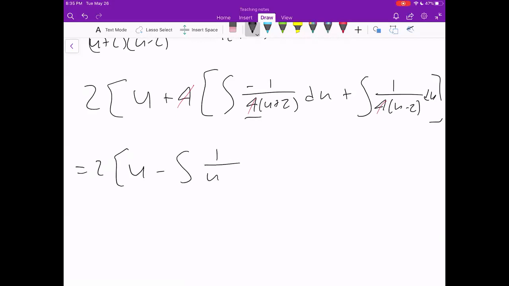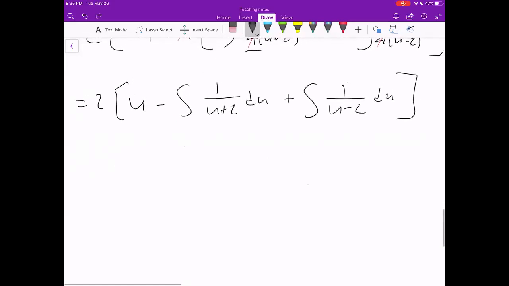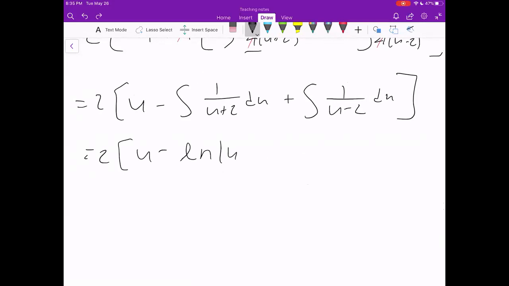So u minus the integral of 1 over u plus 2 du plus the integral of 1 over u minus 2 du. These are logarithms now. So this is 2 times u minus ln of the absolute value of u plus 2 plus ln of the absolute value of u minus 2 plus a constant.